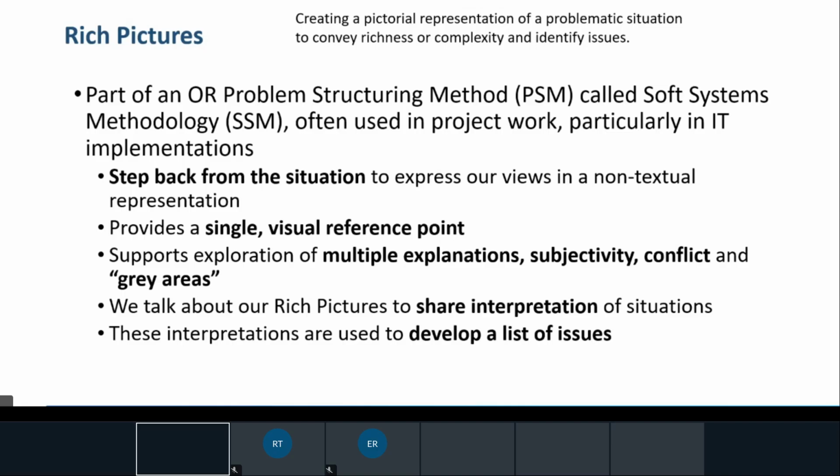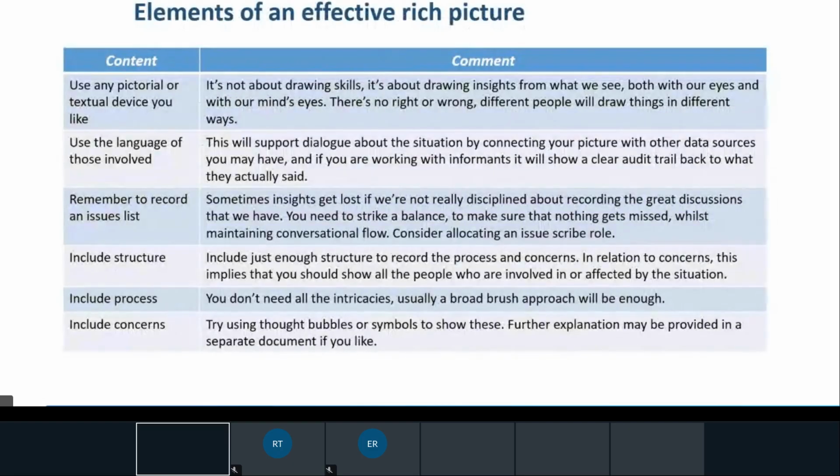I have a slide here that I don't want to go through in great detail, but I've identified some of the elements of an effective rich picture for you. Yeah, so we're saying it's not about drawing skills. We want to try and use the language of the people involved. We must remember to record that issues list. And we want to include structure and process, just enough to record the process of the concerns, to show what we want to show in the picture.